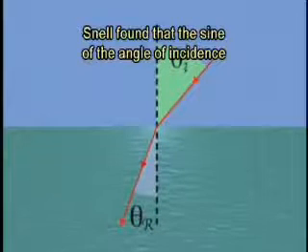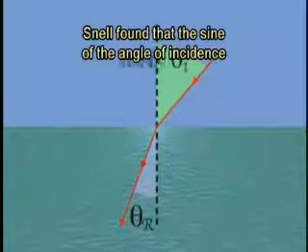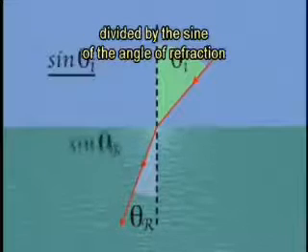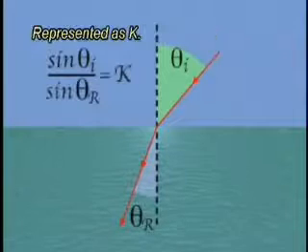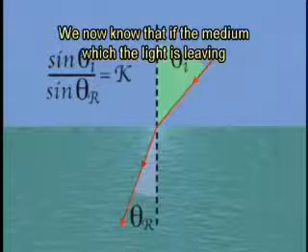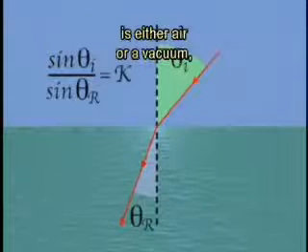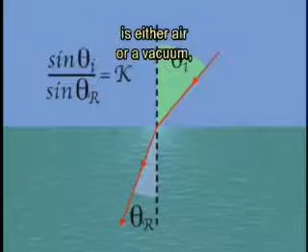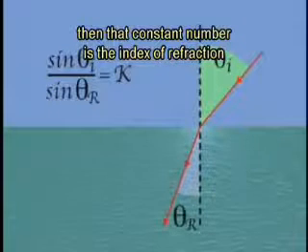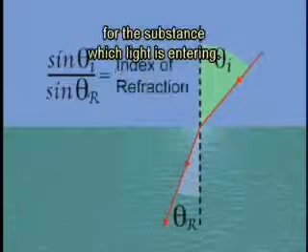Snell found that the sine of the angle of incidence divided by the sine of the angle of refraction is a constant number. We now know that if the medium which the light is leaving is either air or a vacuum, then that constant number is the index of refraction for the substance which light is entering.